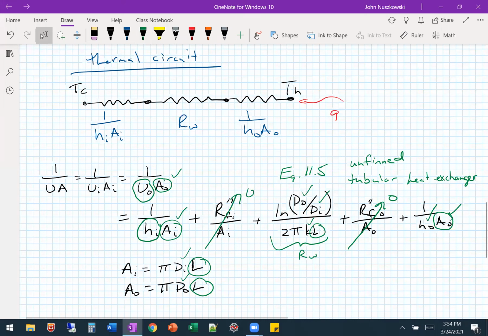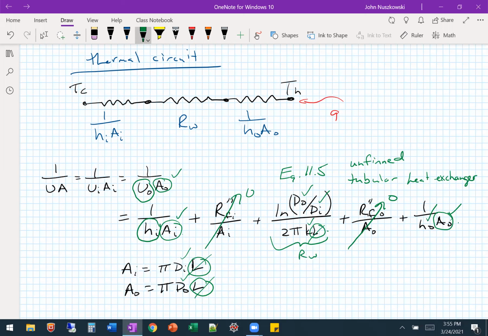Yeah, it's in every term. So we have length here, the length is here, there'll be a length here inside that area. So it ends up just canceling, or we can think about it as just a unit length of 1. Okay, so we're good there.